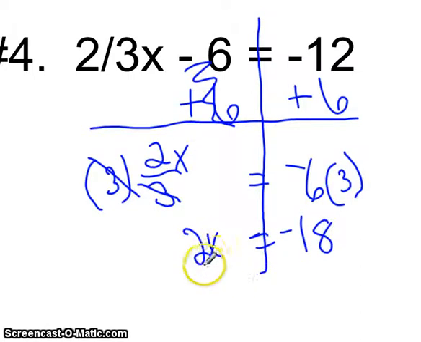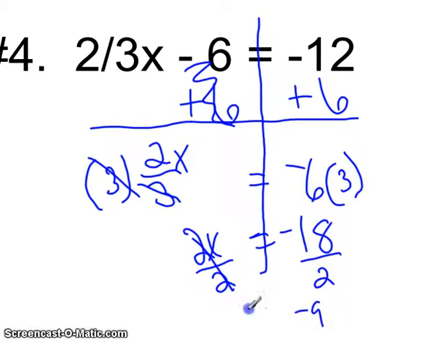Okay, now this looks familiar. I'm multiplying 2 times x, so to undo that multiplication I divide, opposite operations, divide by 2. Negative 18 divided by 2 is negative 9, so x equals negative 9. Alright, and we are all set with that one.